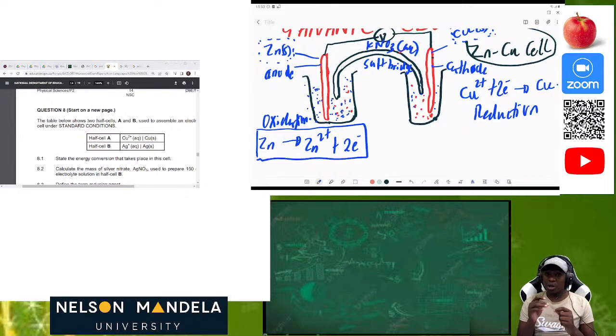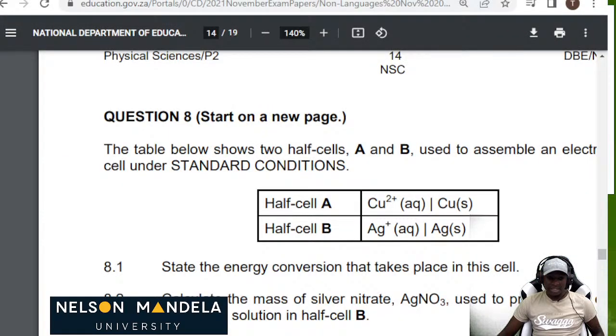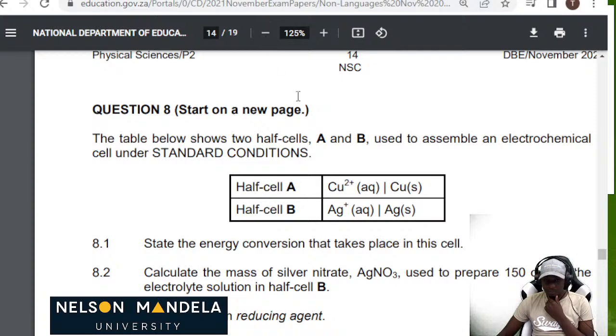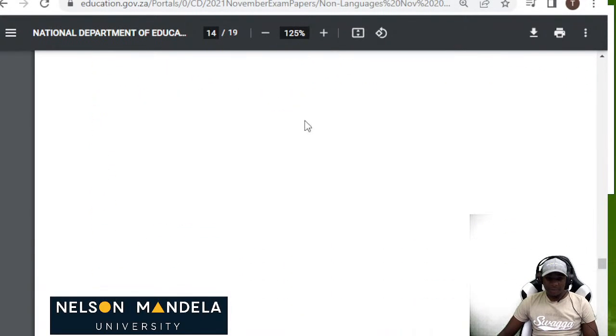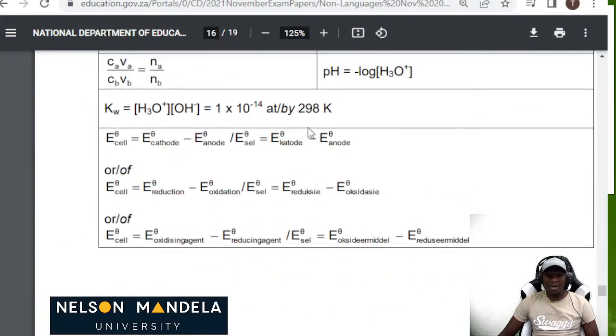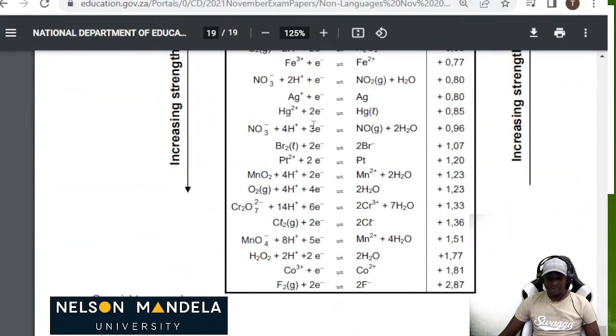So what do we do? We go to our table 4. Let me show you the table 4 which I am talking about. Here is table 4. Table 4b is always given at the end of the question paper.